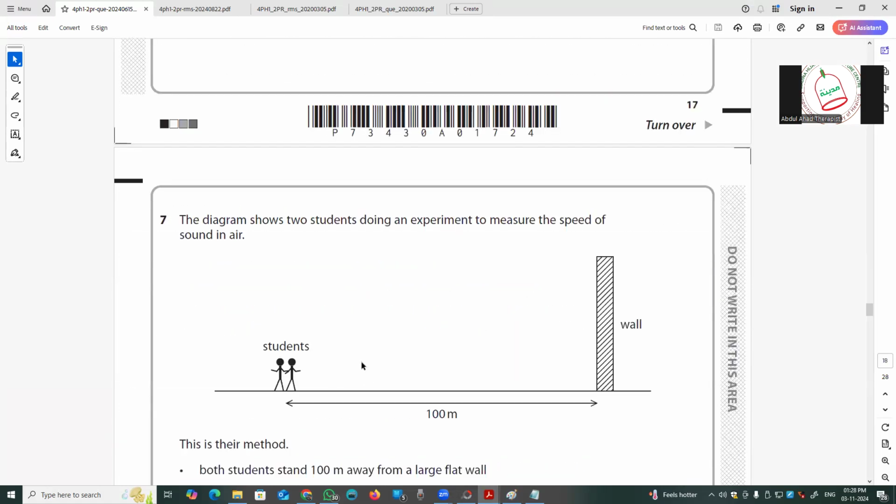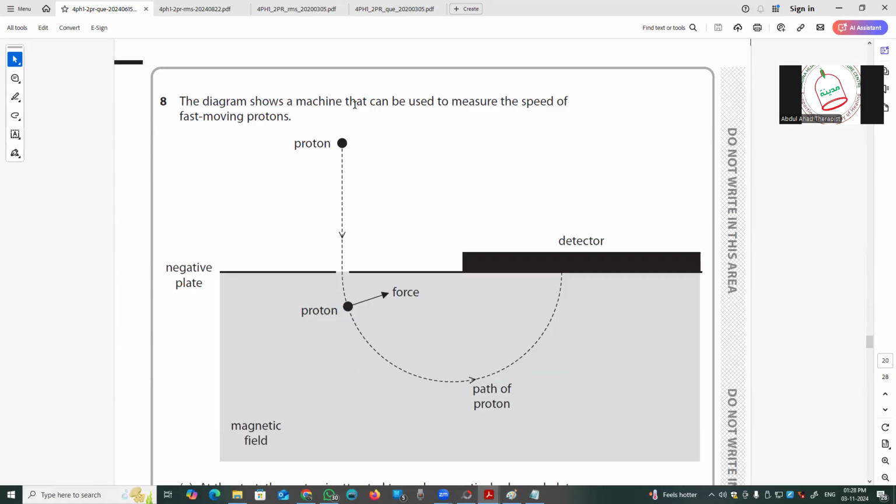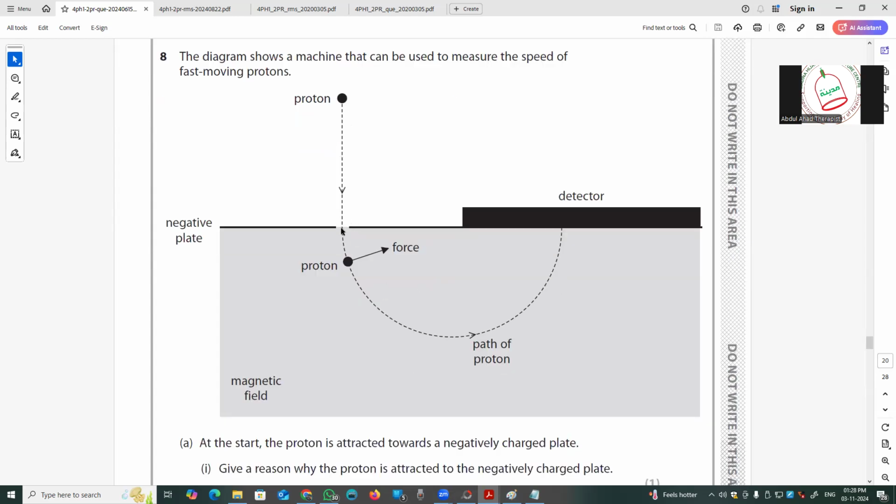Here is the question, the eighth number question. The diagram shows the machine that can be used to measure the speed of fast moving protons. Proton is a positive charge. So when it enters into the hole, it makes a circular path. Now this circular path is due to the magnetic field. Okay, right.